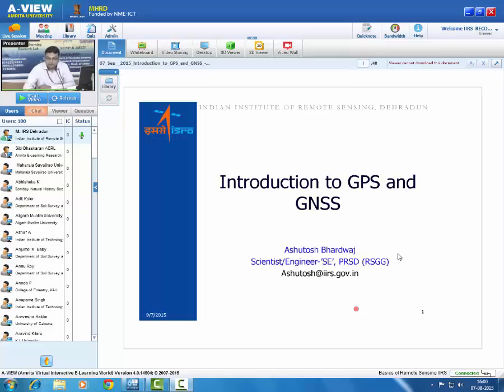Then we will cover satellite based augmentation systems, signal characteristics followed by a demonstration, and then we will touch upon mobile mapping, the Indian Regional Navigation Satellite System, and GPS Aided Geo Augmented Navigation, that is the Indian GAGAN system, and a special lecture on GNSS radio occultation.